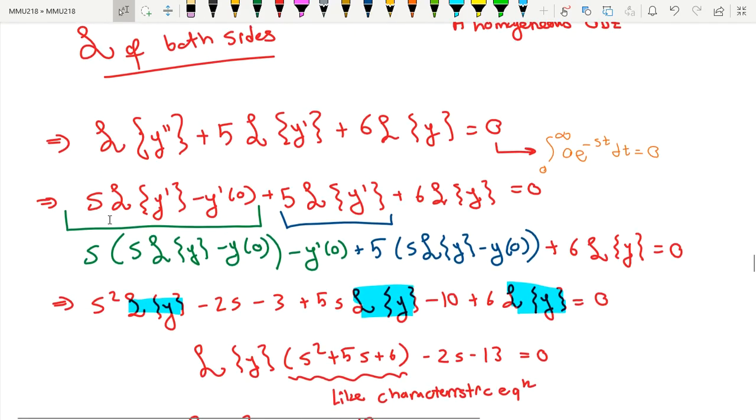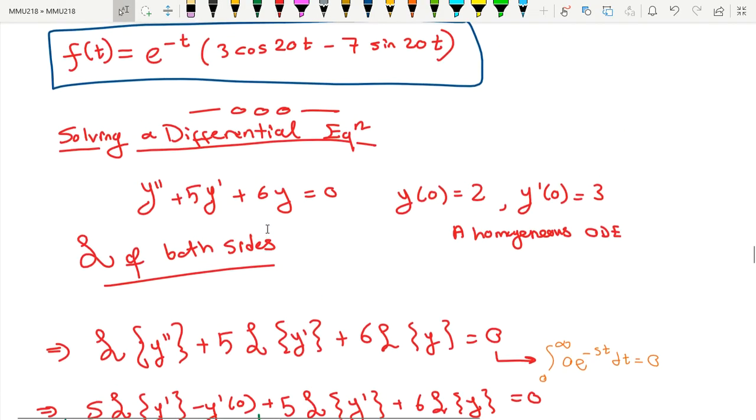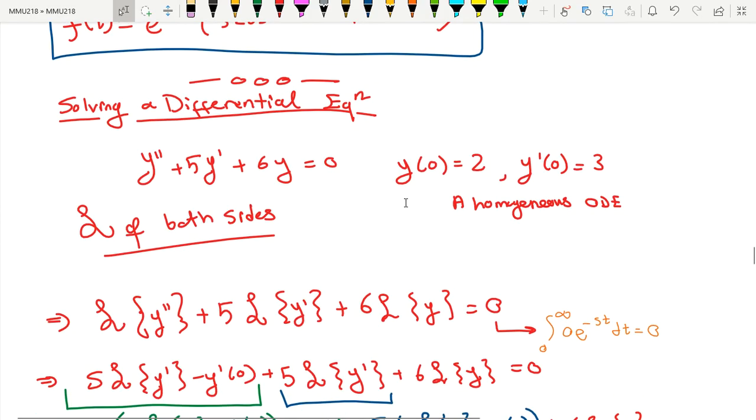And if you take the y double prime and expand it, it's s Laplace of y prime minus y prime (0). We had derived this before, so Laplace of y double prime, if you expand the first time and the second time, ends up as s squared Laplace y minus s y(0), and y(0) is 2, minus y prime (0), which is 3.